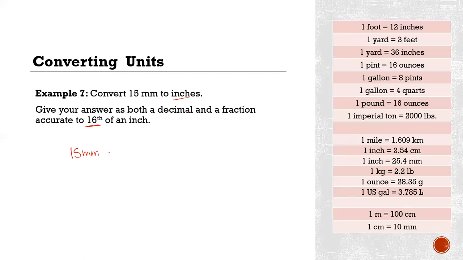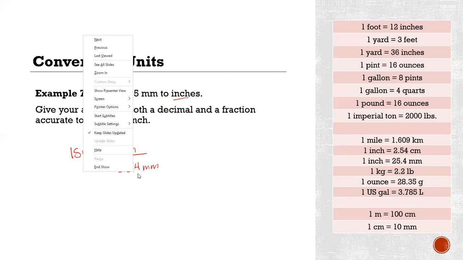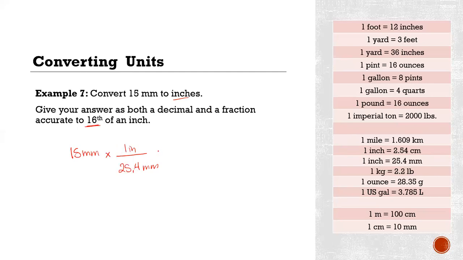We multiply 15 millimeters by 1 inch over 25.4 millimeters. Basically, this turns out the same as 15 divided by 25.4.